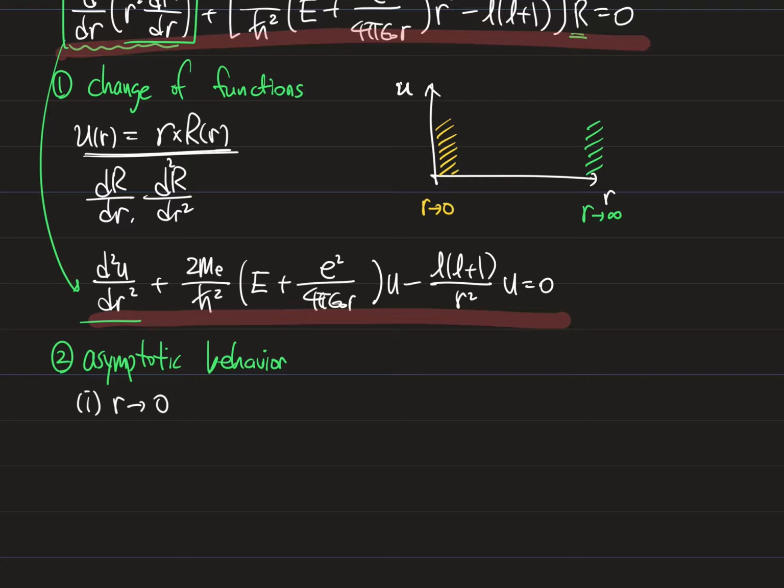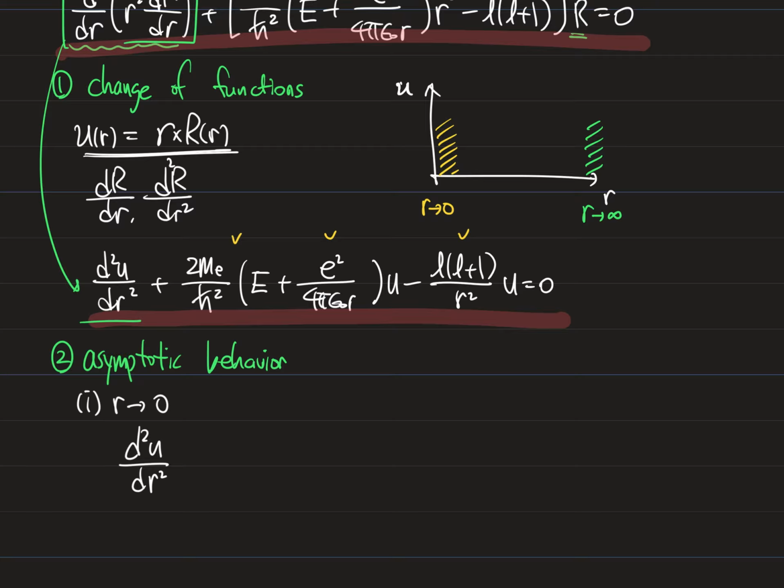Let's say r approaches 0. Here we have the second derivative, and among these three terms, which one will survive? Which one will be dominating when r goes to 0?